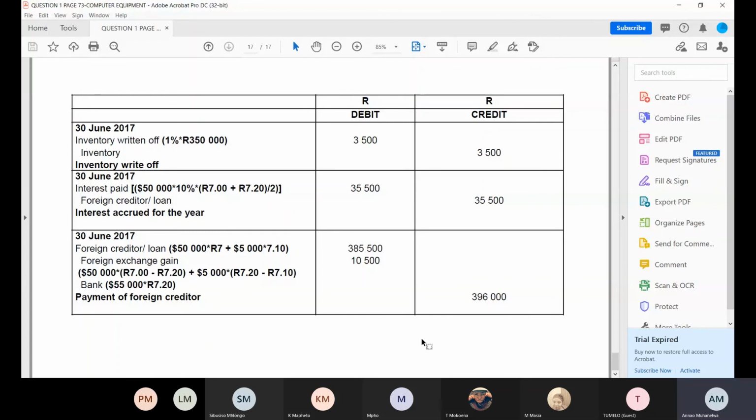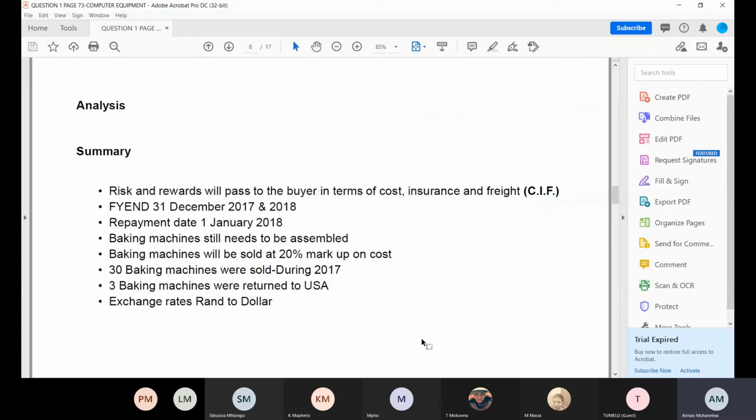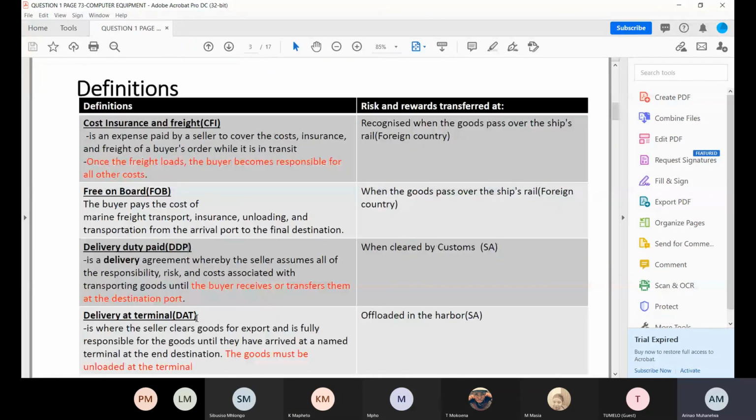Please, when you practice the foreign exchange transactions, as I've indicated, make sure you do one question dealing with CIF, FOB, DDP, and DAT. Go and do those questions, practice them, make sure you understand how you apply the transaction date and all other transactions. Then you will be sorted.